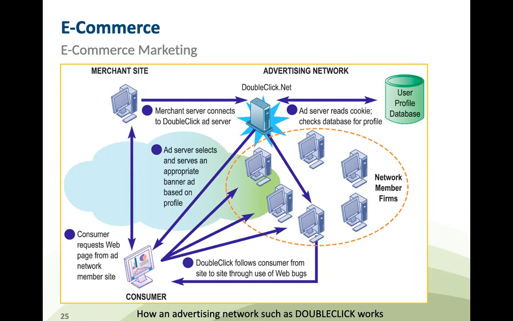As a result, whenever it stores data about this customer, this doubleclick.net server will send advertisements that are suitable for that customer. The consumer ad server selects and serves an appropriate banner based on the profile, right?